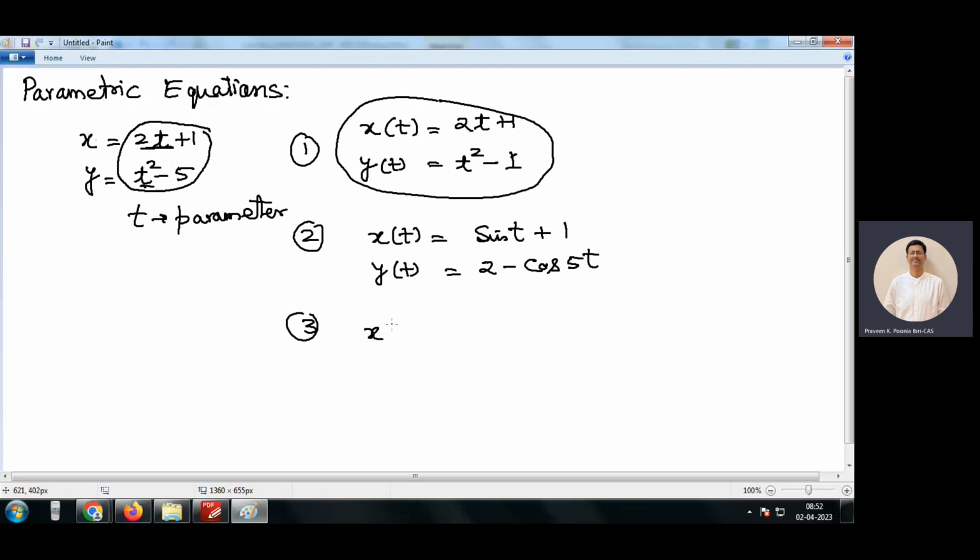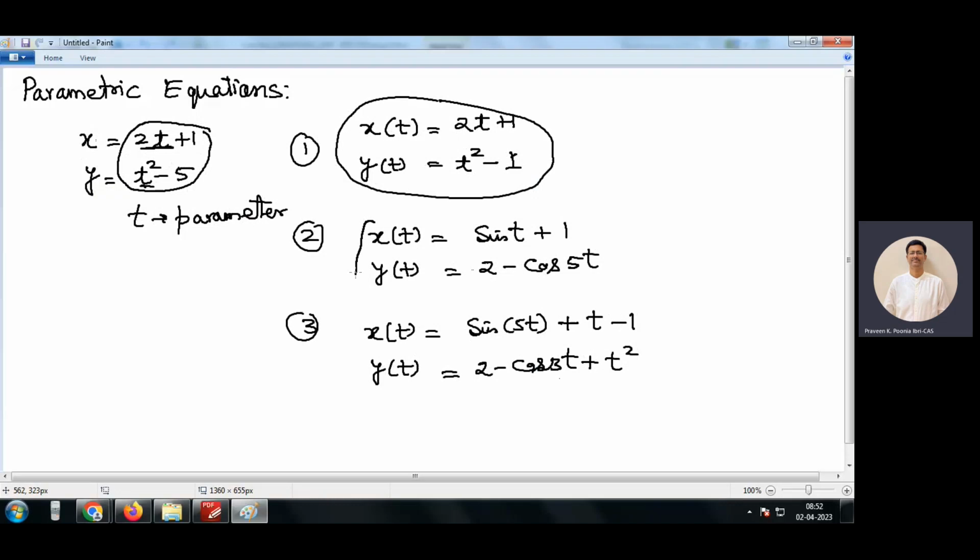Third, you can take another example. x(t) is equal to, let's say, sine 5t plus t minus 1, a little more difficult function. y(t) is equal to, let's say, 2 minus cosine 3t plus t power 2. So these types of functions are called parametric equations.